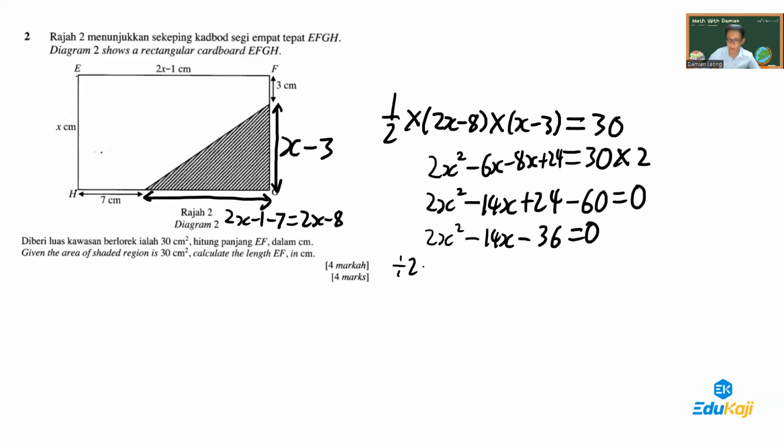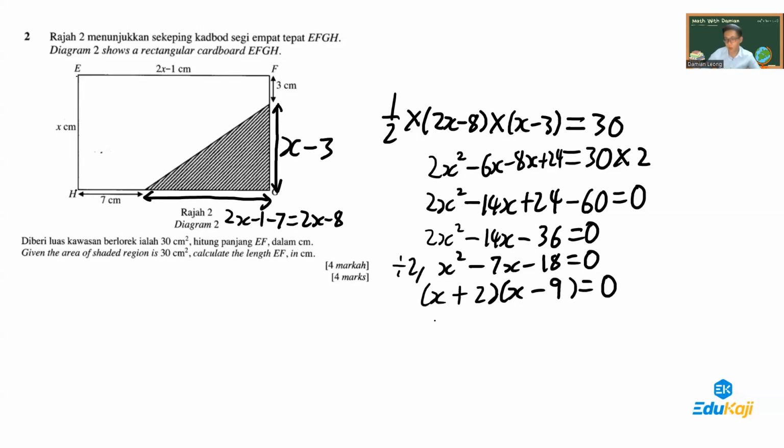All of this I can divide by 2: x squared minus 7x minus 18 equals 0. Then I factorize. Factors of 18: 1 times 18, 2 times 9, 3 times 6. The one that can get 7 is 2 times 9. Minus 9 plus 2 to get minus 7.